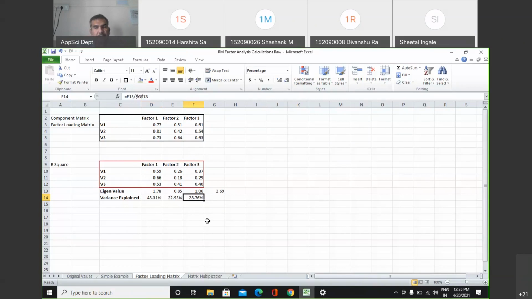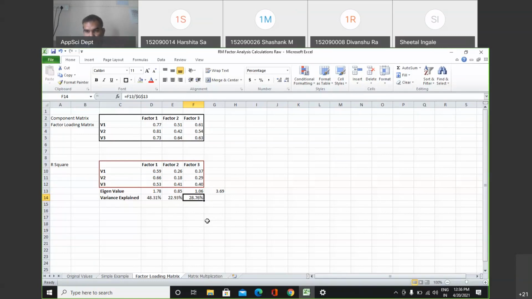Basically, why we are talking about variance is whether two variables belong together, they can be put in one factor. How are we deciding it? Based on whether they are varying together. So that is how we are clubbing the variables together.